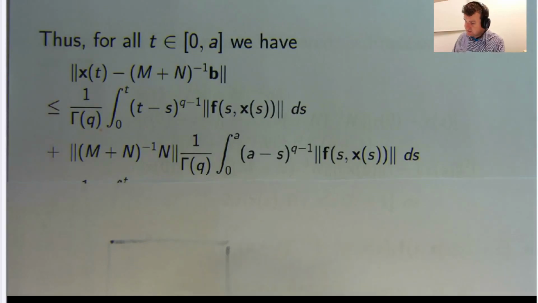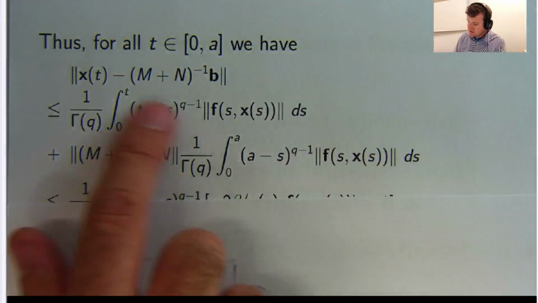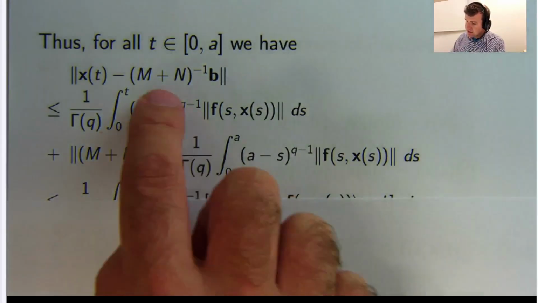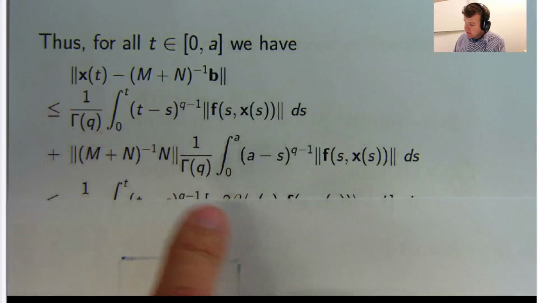Okay, so I've taken the norms, I've then put the norms inside to work on the f. These things are all positive. And I've replaced it with an inequality sign. And now I'm going to work with this.